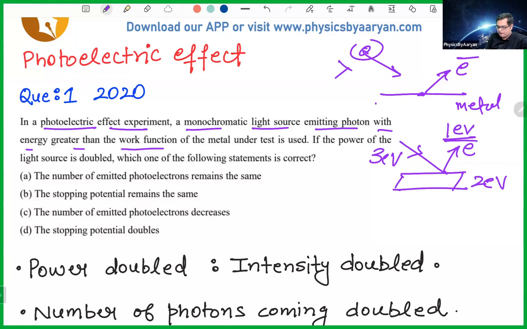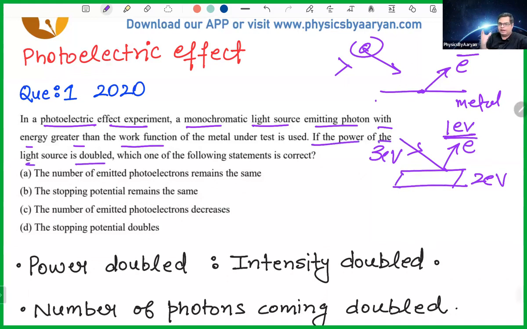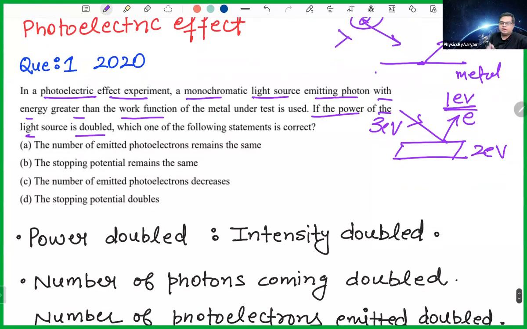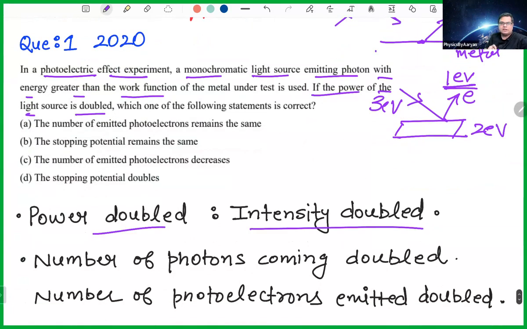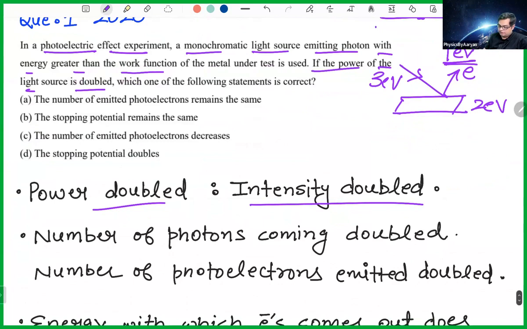So now what has happened? If the power of the light source is doubled, so light source you are using, power doubled. Power basically means intensity. So power doubled basically means intensity doubled. Intensity doubled means the number of photons which are coming is doubled. So let's say energy will still remain same. So the photons which are coming still have the 3 electron volt energy, but let's say first 10 photons were coming, now 20 photons will come.